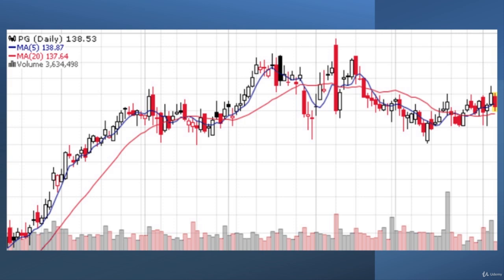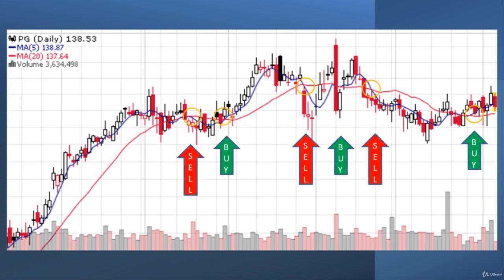That would be our sell signal: the blue line, the shorter time frame, goes below the pink line. Then as we go a little further on, you're going to see a definite uptrend come again, where that blue 5-day line is going to definitely cross the 20-day and go above it, and keep going above it, and that would be a buy signal. And so on as we go across the chart.